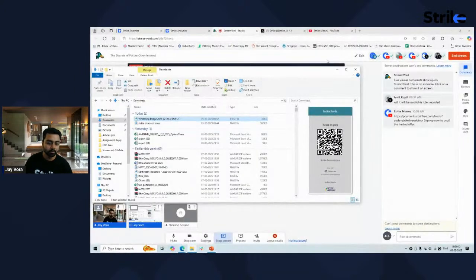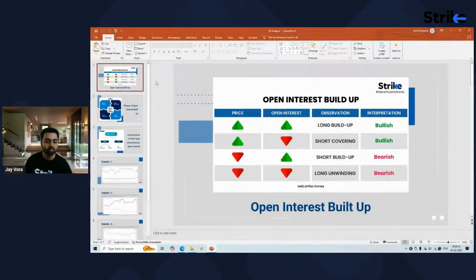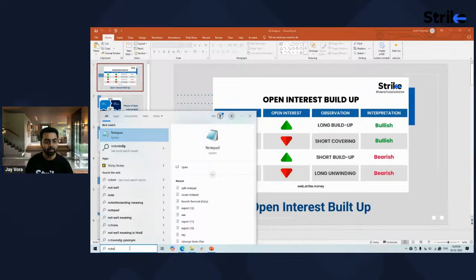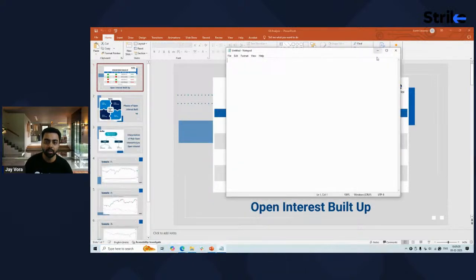So yes, open interest. I think this is one of the most important indicators which helps you to understand the medium term trend. Okay, so let me be very clear on this part. बहुत सारे लोगों को लगता है कि ओपन इंटरेस्ट मतलब बस एक दो दिन का व्यू मिलता है.